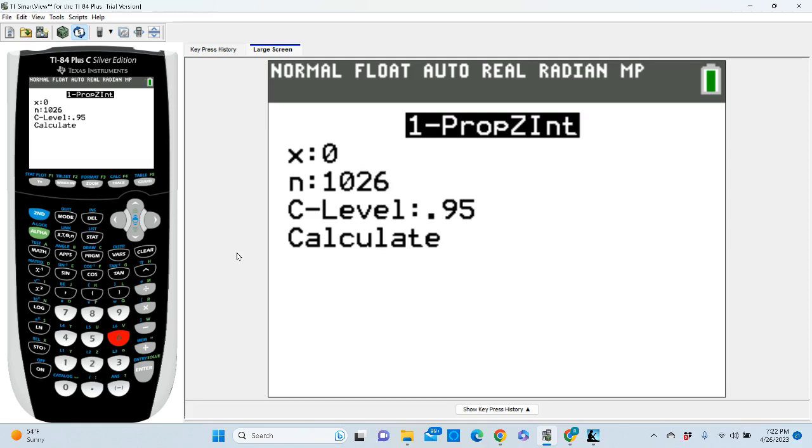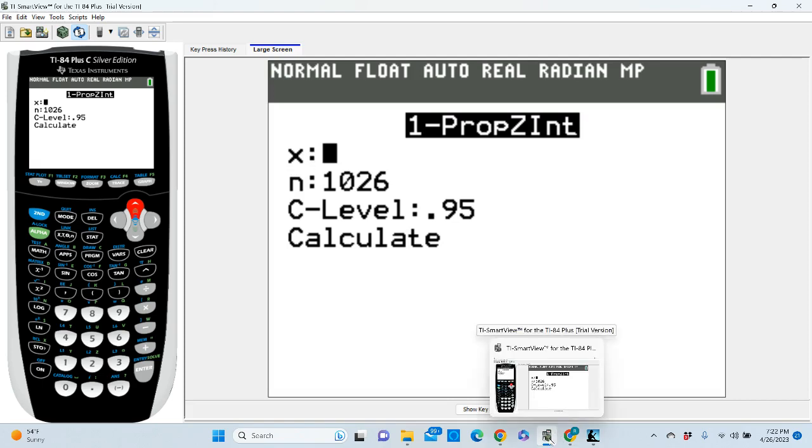All right. My sample size was 1026. And they want me to say X. Okay. They want me to put in the starting point. My starting point was 39%. But how many people then would that be out of 1026? Because this says X, not p hat. So I got to think, all right, well, how many people out of this 1026?